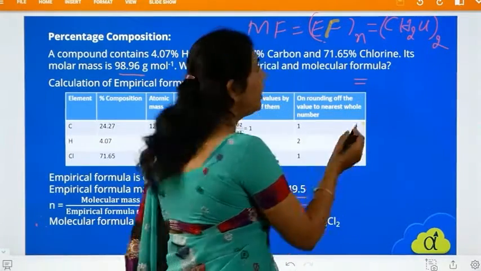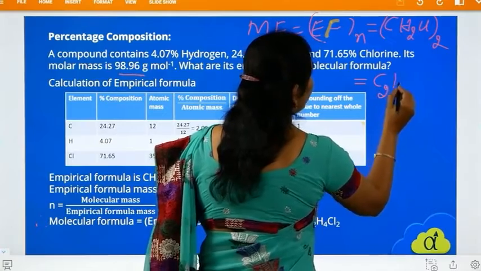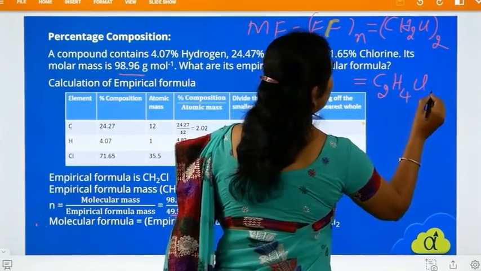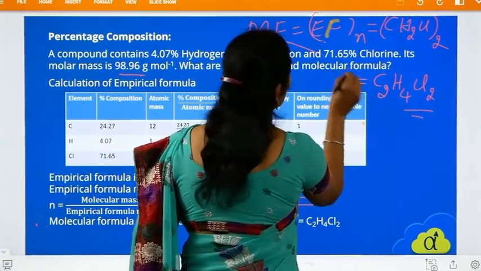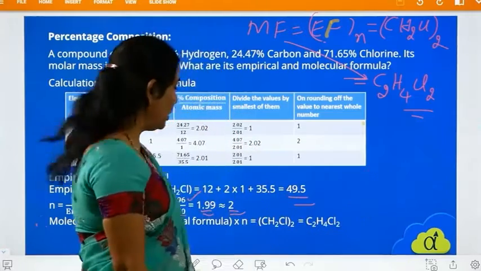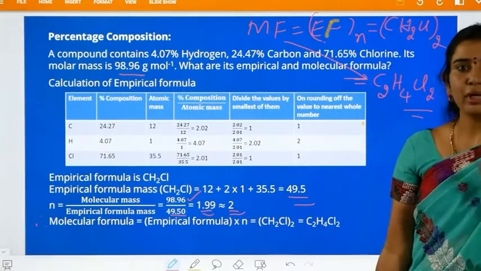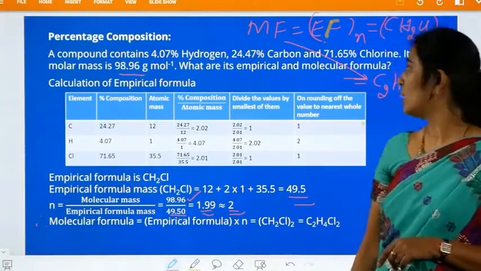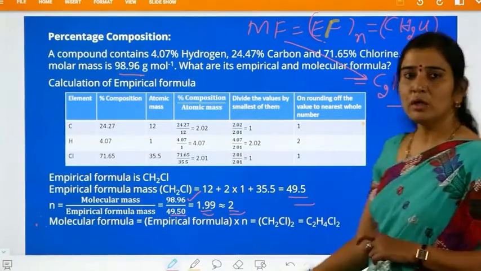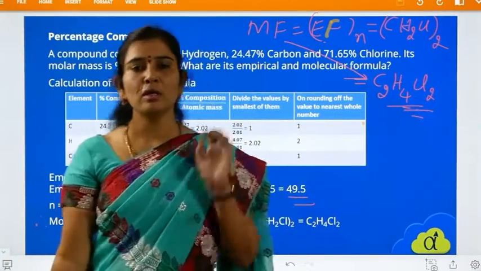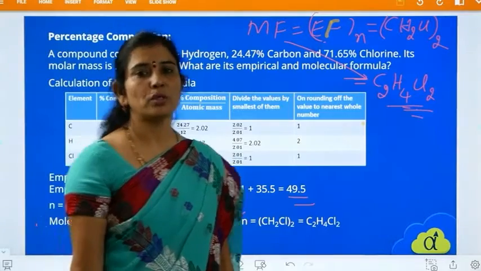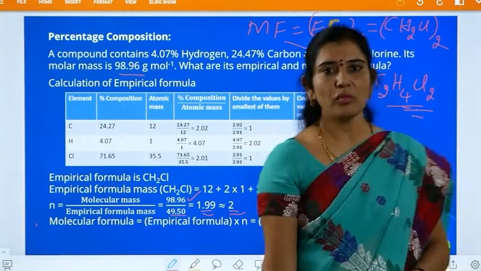Therefore, how can you write it now? C2H4Cl2. This is the molecular formula. Is it clear now? Like this, you can calculate the empirical formula, and from the empirical formula, you can write the molecular formula for the compound. I hope you understood. Okay, fine.